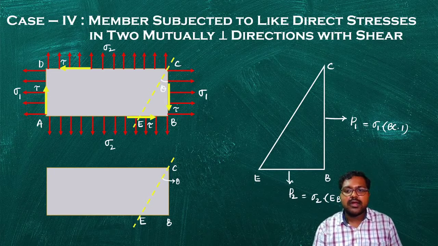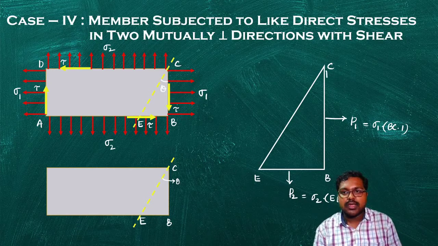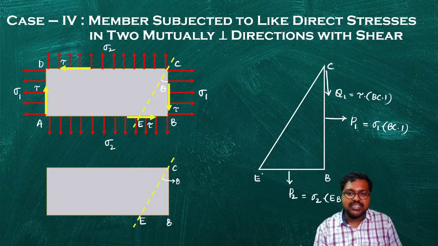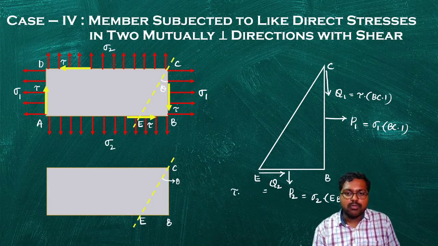These two are direct forces. In the same way, the shear stress of intensity tau acting here will be converted into a shear force Q1 of intensity tau into BC into 1, and the shear stress acting on this plane will be converted into Q2, having a value of tau into EB into 1.